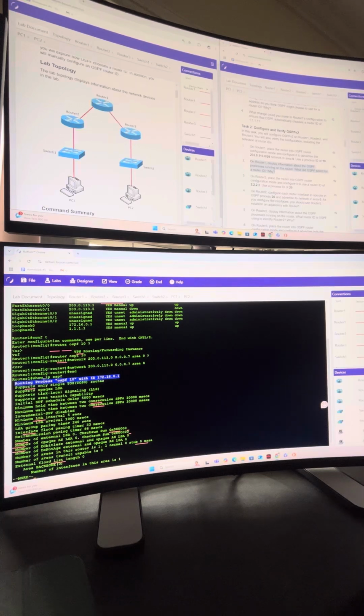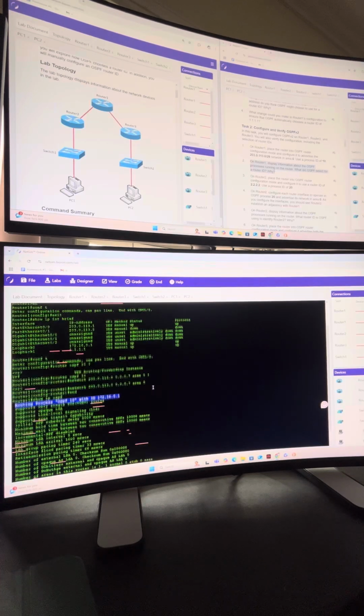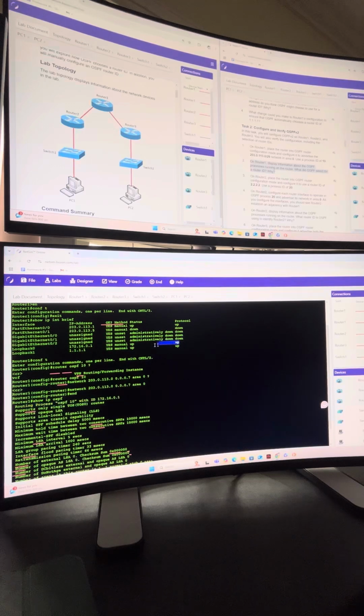We can see routing process OSPF 10 with an ID of 172.16.0.1. And it chose this because, as we explained earlier, this is the highest IP address that is configured for a loopback interface on router 1.